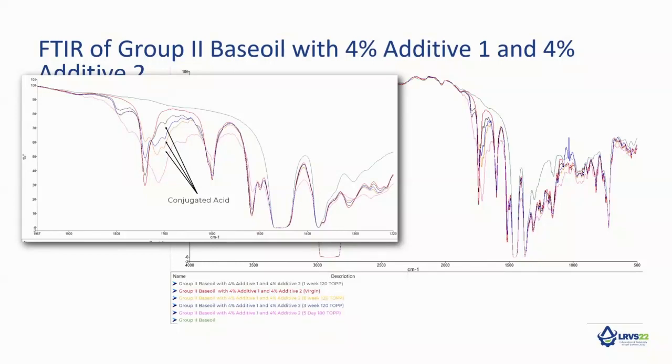While these peaks at 1710 are only present in the 3 and 6 week samples, they are only a fraction of what is seen in the 180 TOP testing, which is the pink line. Now, with us seeing this, it will be the appropriate time to answer the question from the previous slide, where we asked if the group 2 base oil is showing oxygen absorption earlier without antioxidants present.